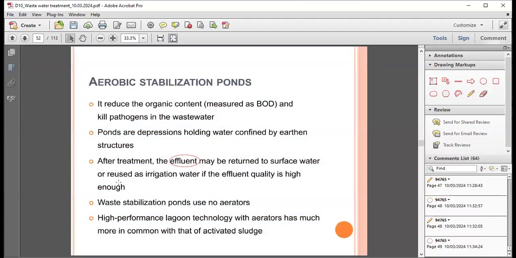It can be reused as irrigation water if the effluent quality is high. And this one, waste stabilization ponds use no aerators, no instruments, the system needs none. High performance lagoon technology with aerators has much more capacity than that of activated sludge.